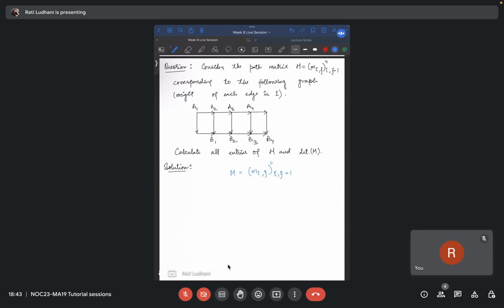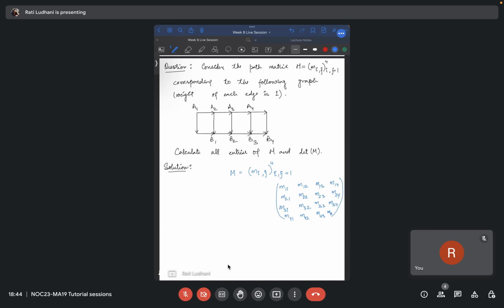So basically you have this matrix, M11, M12, and so on. Now corresponding to the following graph, consider this matrix M and calculate all the entries of M and the determinant of M. You need to use LGV lemma to find the determinant.